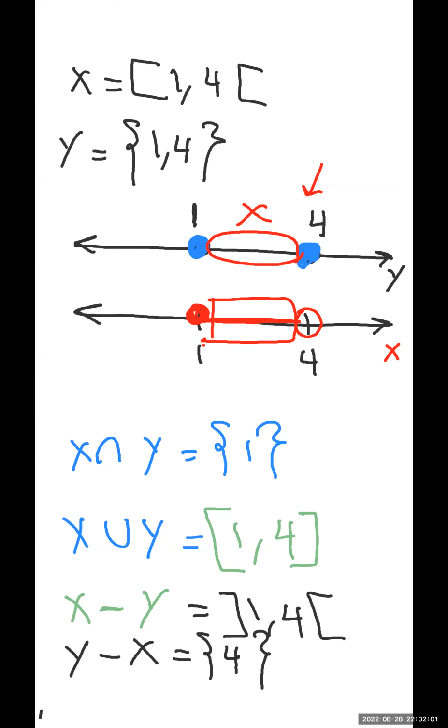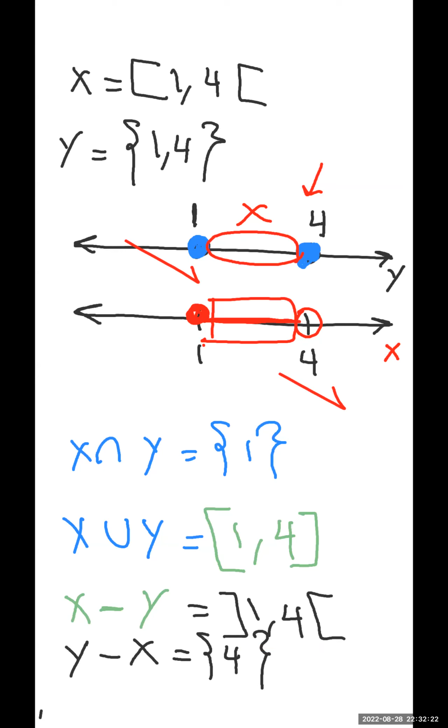No, because it already exists in Y. Do you think that 4 is a difference? No, because it's already open. So 1 and 4, open from the two sides. Okay, thank you, teacher. I get it. Okay, great.